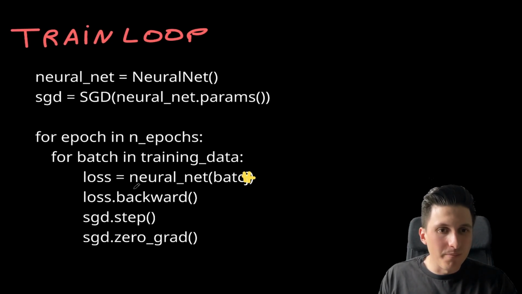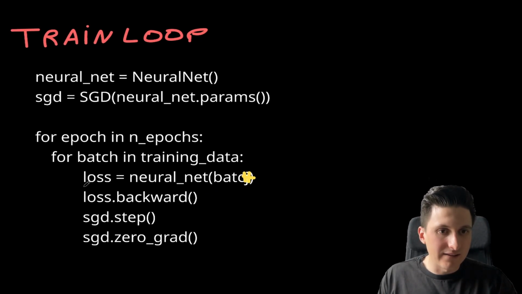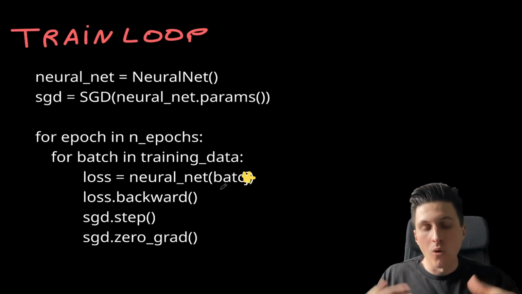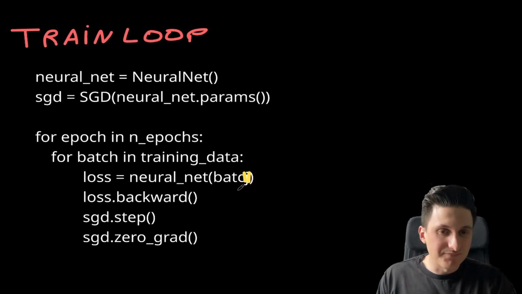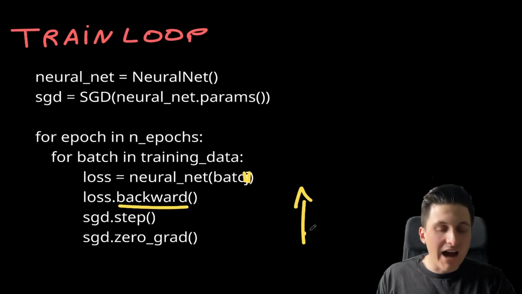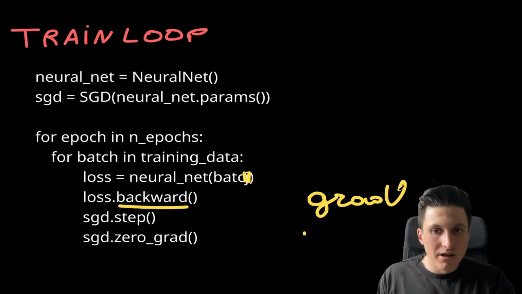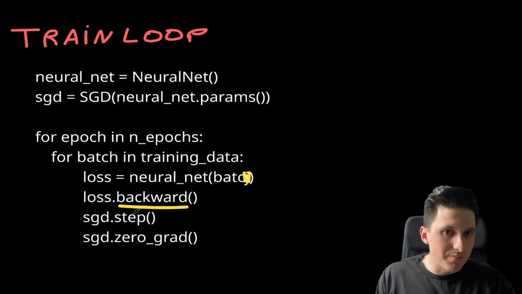Then we pass this batch through our neural network and we get a loss for that specific batch: how bad our network actually was at predicting the specific batch. After we have calculated this loss function, we can call loss.backward, which will iterate through the entire computation graph in backwards order, call this grad_fn function on each parameter to calculate the gradients of the loss with respect to each parameter.